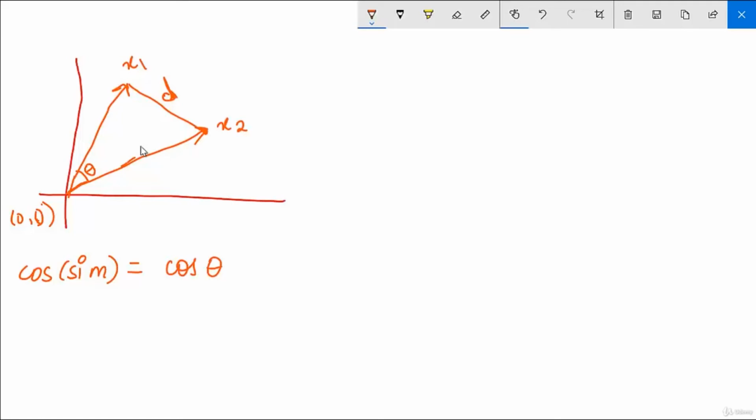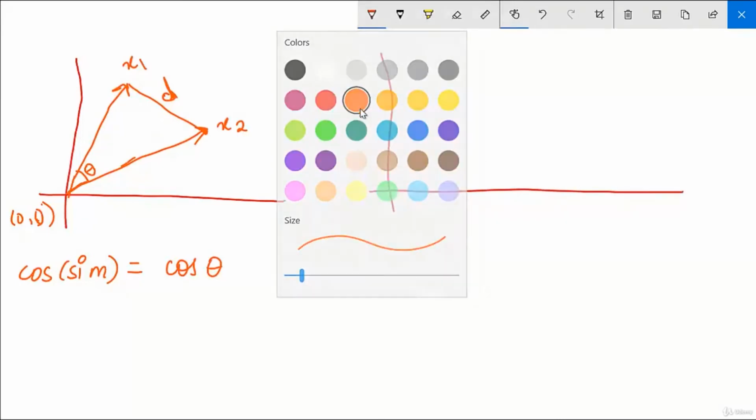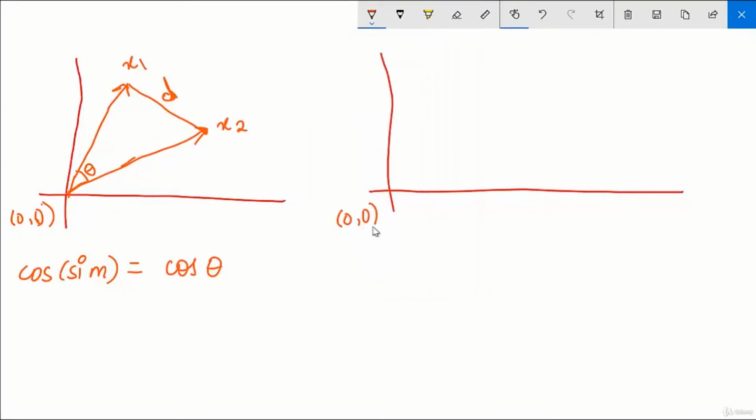All right, so I'll just show you one more example here. Zero comma 0, we have 2 points. One is your x1, one is your x2. Let's connect these lines. Now guys, tell me one thing.